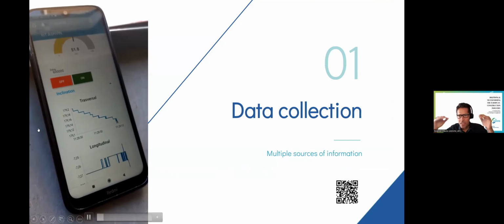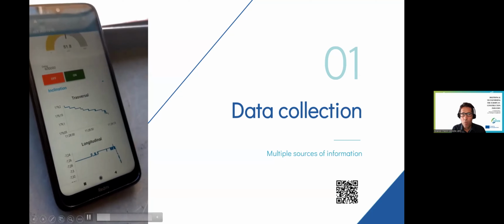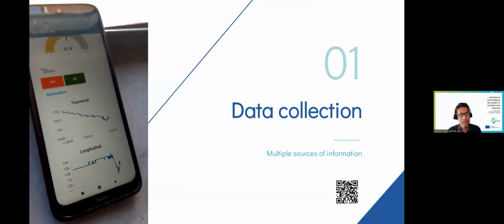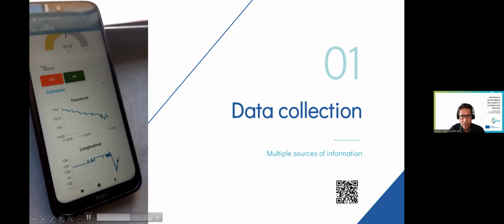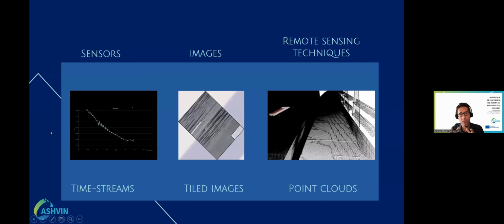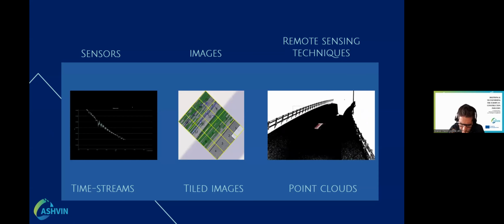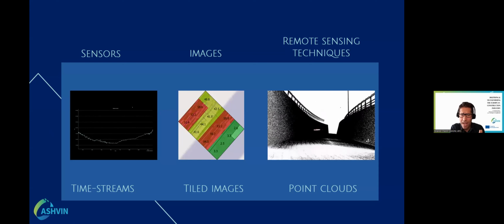So when it comes to this step, data collection, we have had many multiple sources of information. In particular, sources of information that are time streams coming from sensors giving structured information that is retrieved and then sent to the IoT platform.